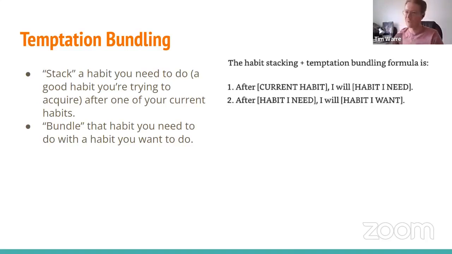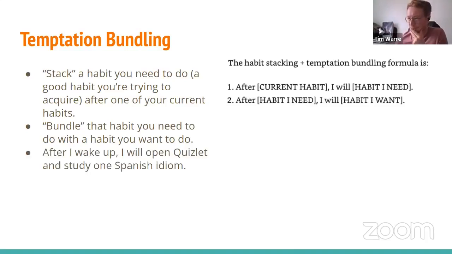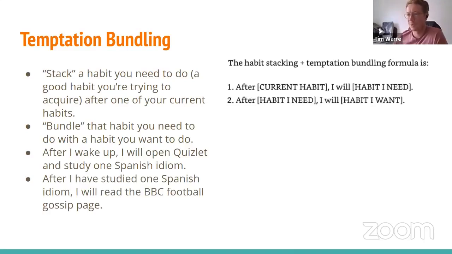Eventually, as it becomes part of your habit, you automatically do the good habit you're trying to acquire after doing the other habit. So for example, after I wake up, I'll open Quizlet and study one Spanish idiom. After I've studied one Spanish idiom, I will read the BBC football gossip page. Okay, because that's my little reward, the thing I do every morning. So you're fitting in a good habit there, and then using the other one as a reward for it.